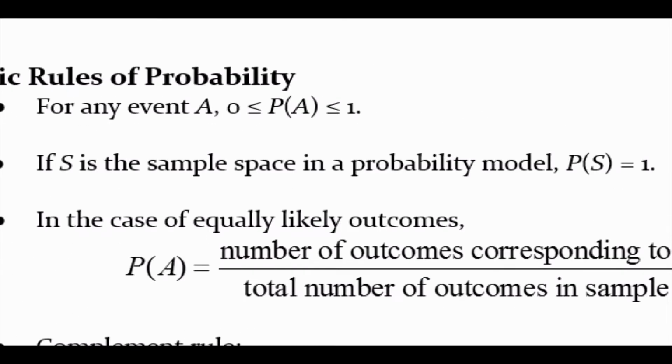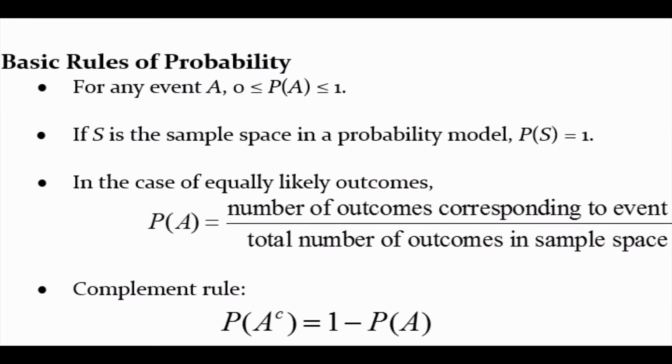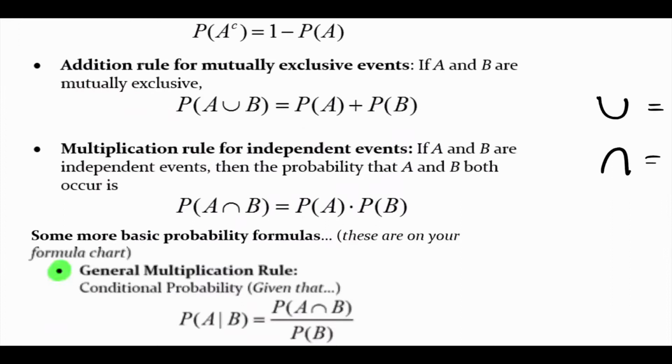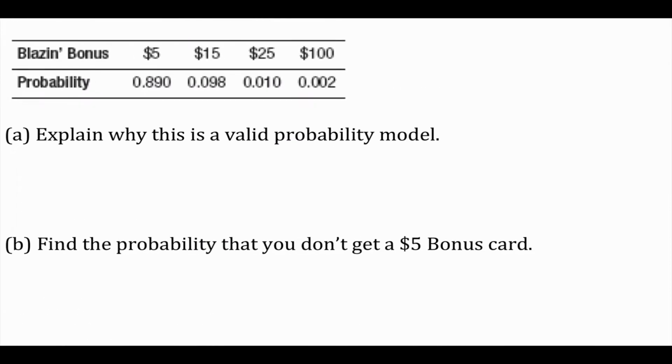If it's the sample space, the probability has to be 1. That's the way to prove it. Because if it doesn't equal 1, that means they left something out. Or if it goes over 1, that means something is wrong because it violates the first one and the second one. So you're going to add up all of the decimals, and do they equal 1 whole or 100%?